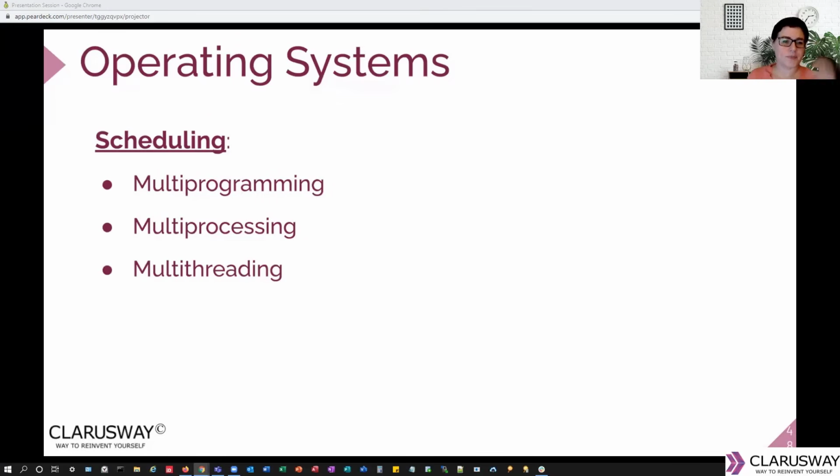So let's talk about what these are. First, multi-programming. Multi-programming is a method of running multiple programs over a single processor by sharing the processor time in the environment. So multiple programs, one processor.